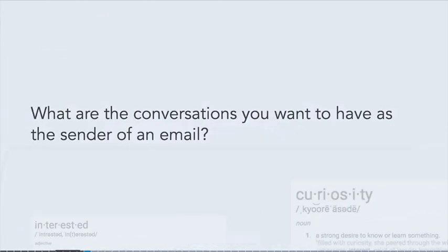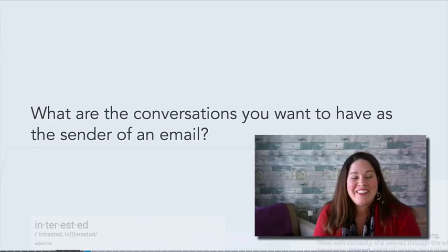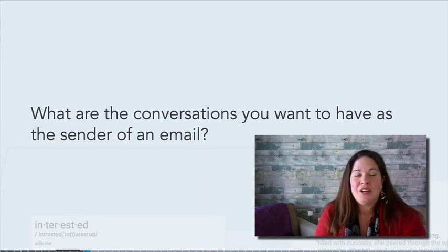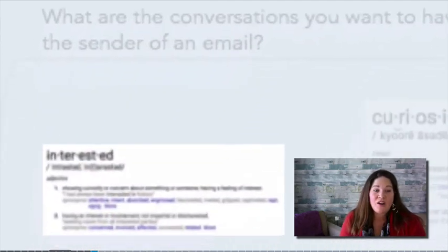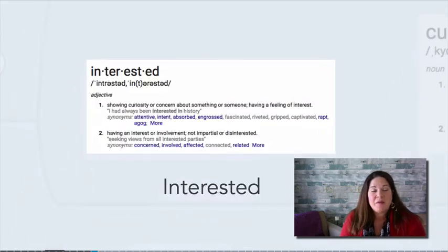So that is the question. What are those conversations that you want to have? When you're sending email, what do you want to talk about? Why are you sending it? What is the purpose? What's the intent? Are you inviting people? Are you asking them to be a part of it?